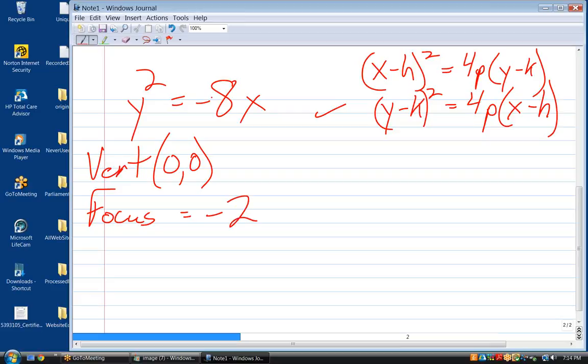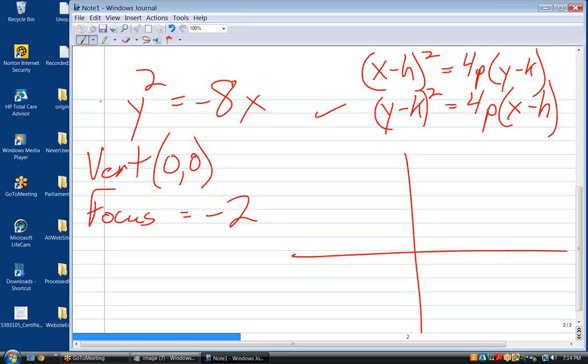Okay. And we know we're looking at a graph that is a horizontal parabola. Does it open to the right or does it open to the left? The left. Right. If I solve this for x, like we typically would, we would have x equal minus y squared over 8.